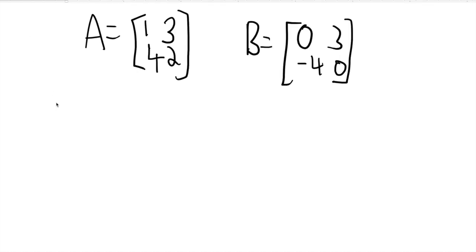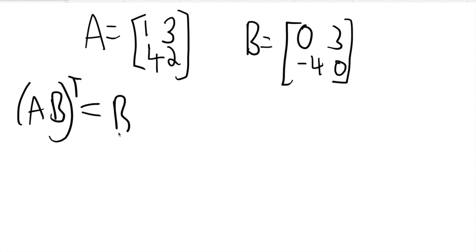The next identity is that the transpose of A times B is equal to B transposed times A transposed.